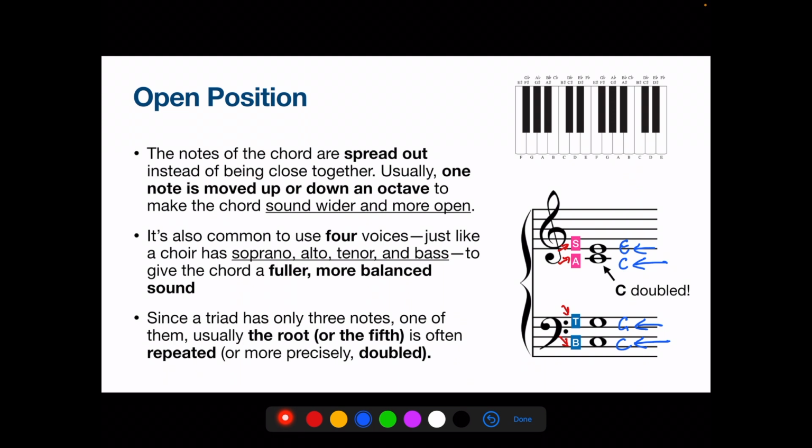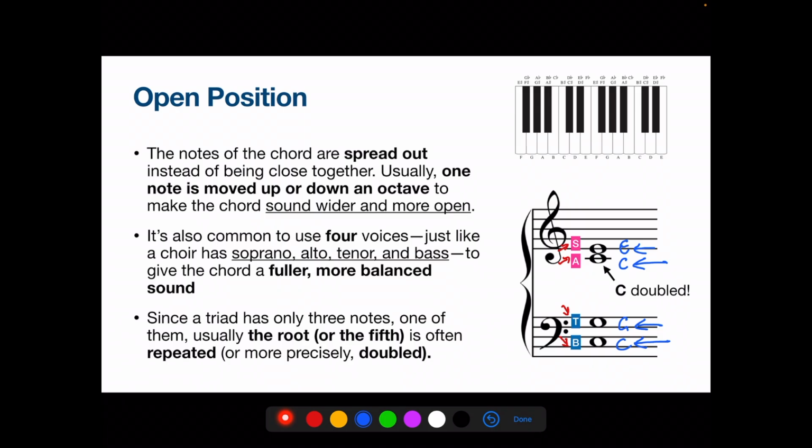In the case of a seventh chord, of course, a seventh chord has 4 notes, so you wouldn't really need to double anything. You can use all 4 notes in a seventh chord. Let me just plot it on the piano so that you see a clear visual difference.